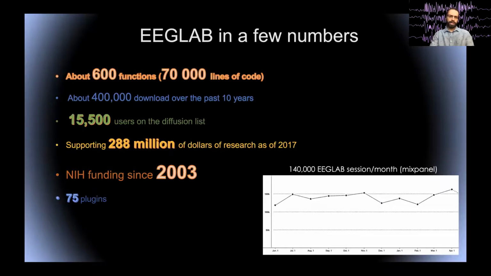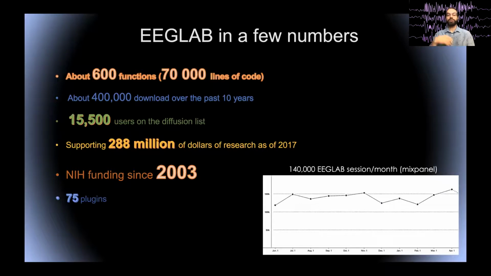We have 15,500 users on the diffusion list, which is a list where we send new announcements, and about 5,500 on the discussion list, where there are messages every day, people discussing EEG processing. We did a research in 2017 about the papers that were supported by the National Institute of Health and cited the use of EEGLAB.